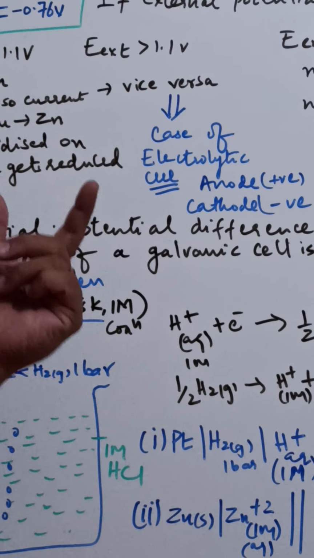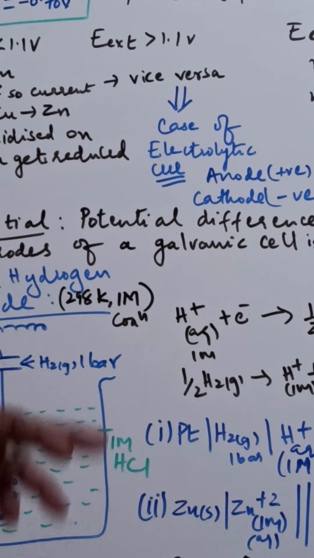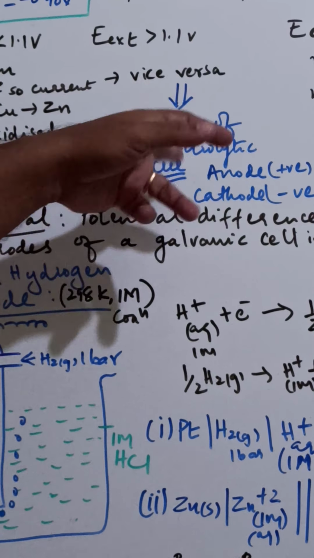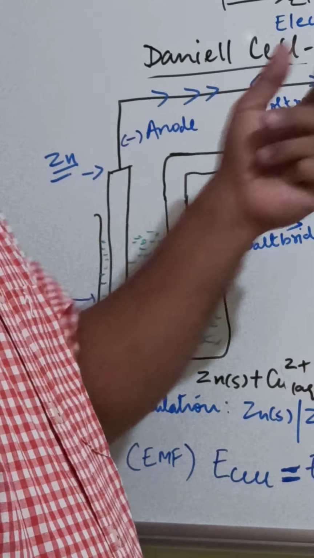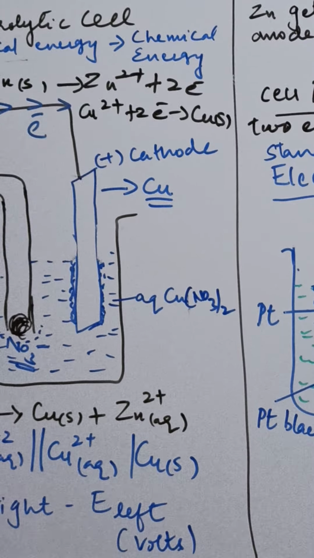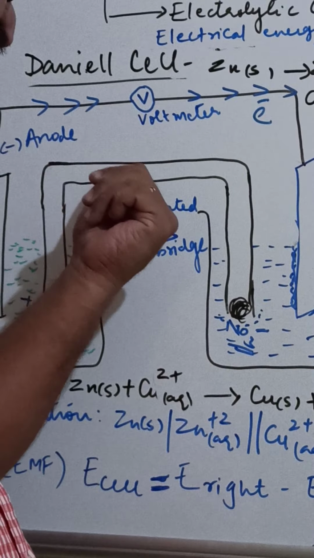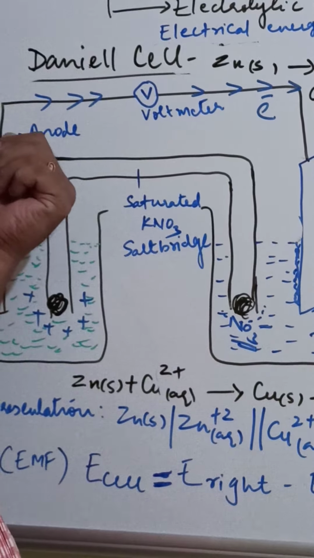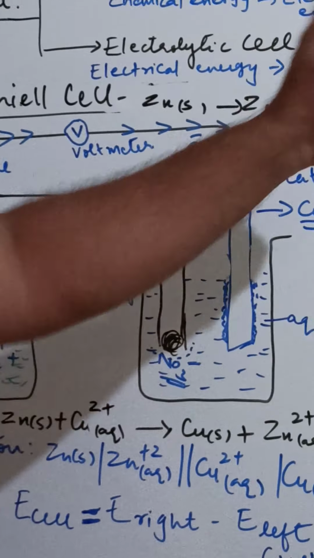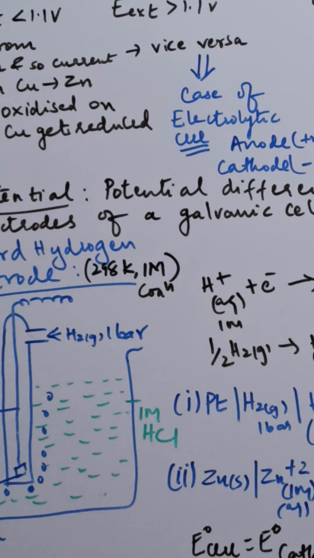The whole thing gets reversed. In an electrolytic cell, the anode will be positive and the cathode will be negative. Always remember, in an electrochemical cell like this Daniell cell, the anode is negative and the cathode is positive, but in an electrolytic cell, the whole thing changes. We will discuss it in detail later on.